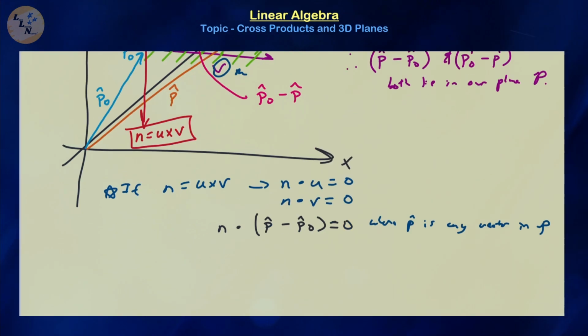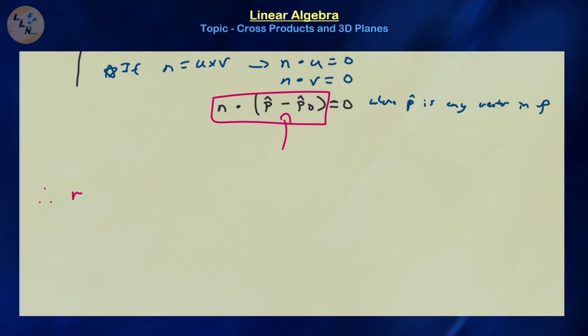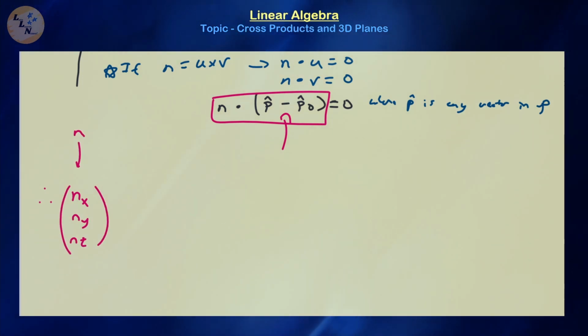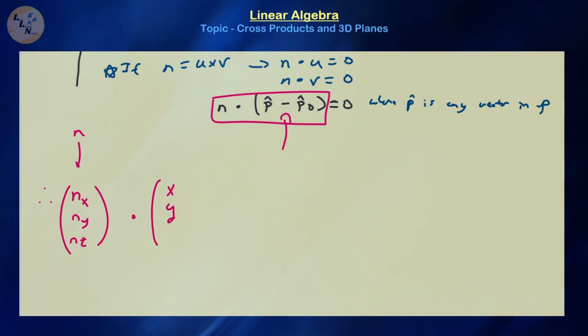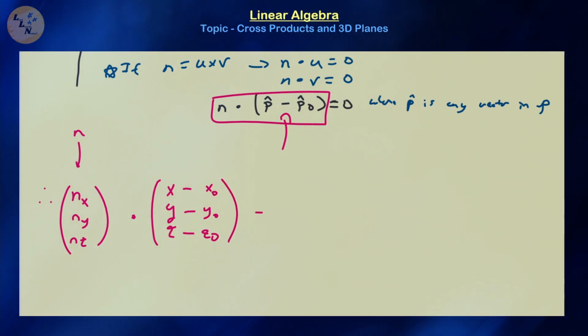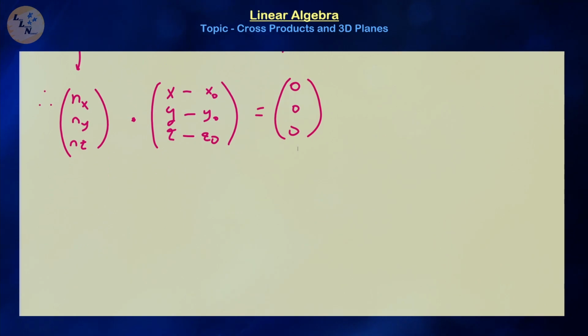So what exactly does this dot product equation give us? If we look at that difference vector, let's assume our normal vector n is nx, ny, nz, dot product with p, which is just an arbitrary vector x, y, z, minus p0, which is x0, y0, z0, and that's going to be equal to the zero vector, 0, 0, and 0. So if we do that dot product out, what are we going to get?